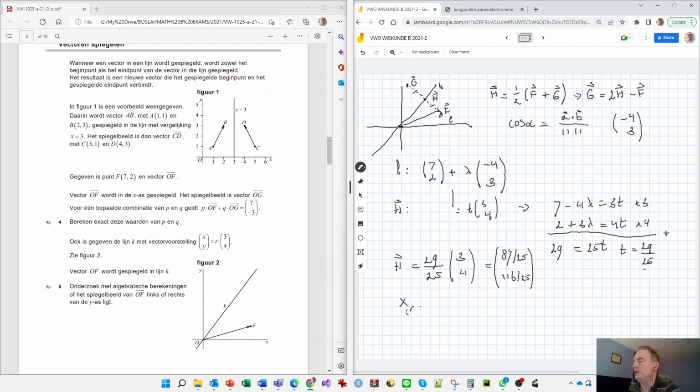The x coordinate of G is 2 times the x coordinate of H minus the x coordinate of F. So that is 2 times 87 divided by 25, minus 7.